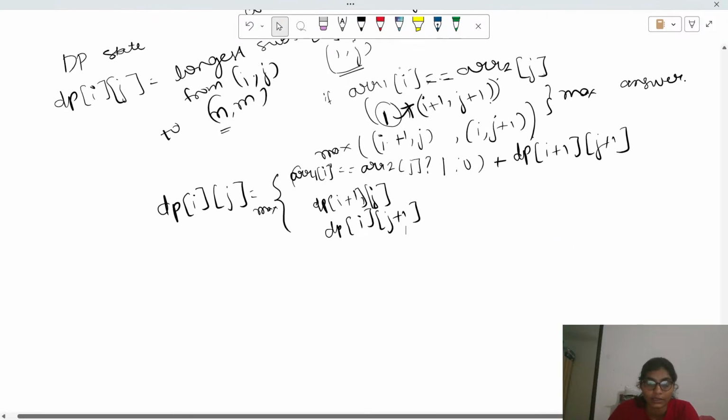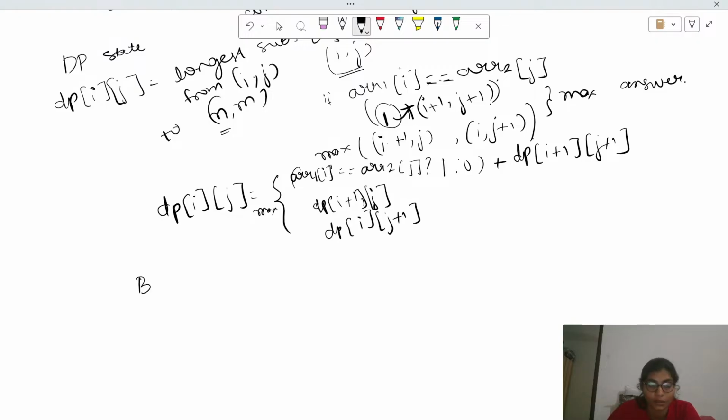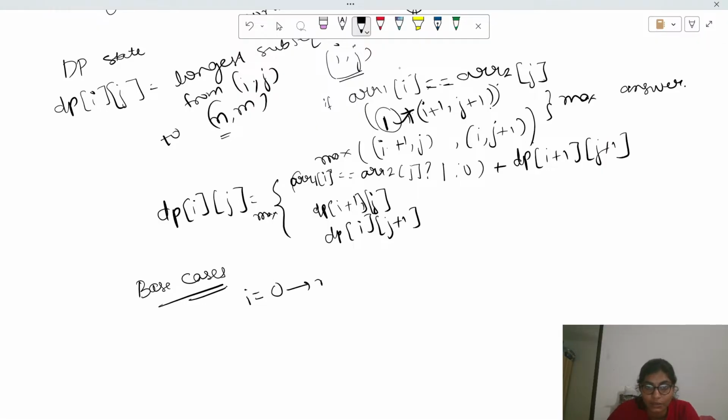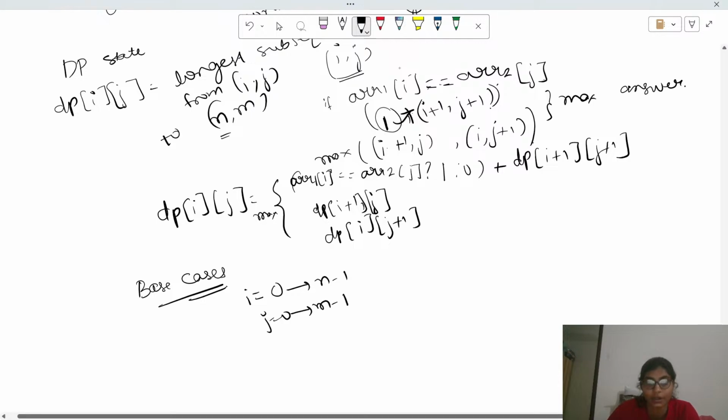What are the base cases? Okay, let's talk about base cases. i goes from 0 to n minus 1 and j goes from 0 to m minus 1, right?